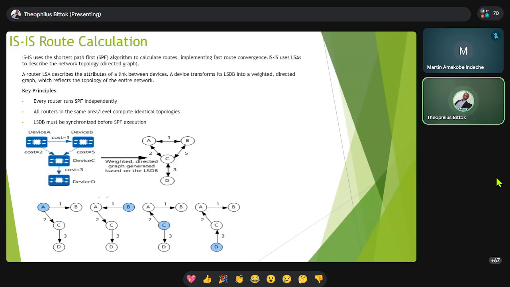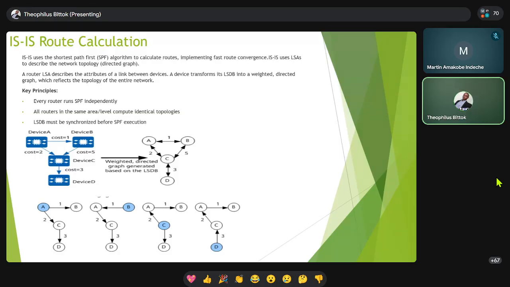And remember we've said that each and every router, let's say we are in a domain, maybe a core network, has all the LSDBs updated.